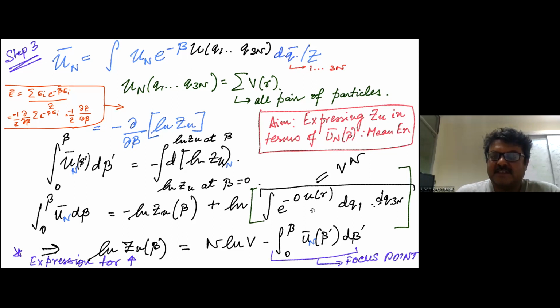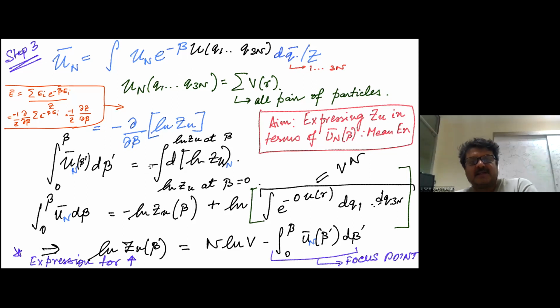So this is an integral over dq1 to dq3n, which in turn will give you V to the power N, just as we saw previously. So this term is essentially ln of V to the power N, which can be written as N ln V.